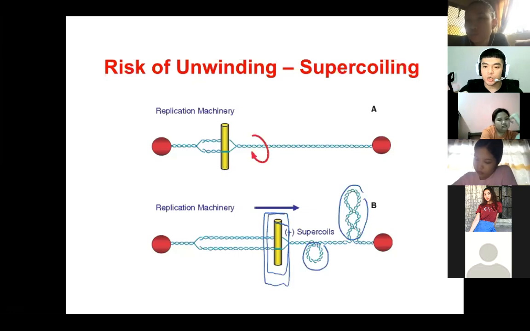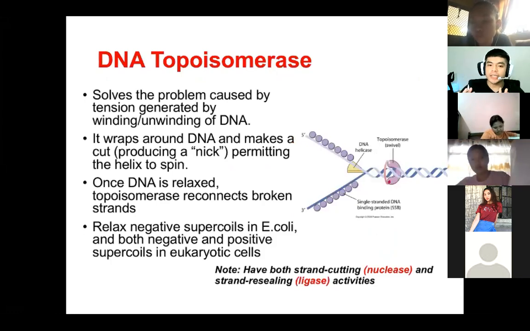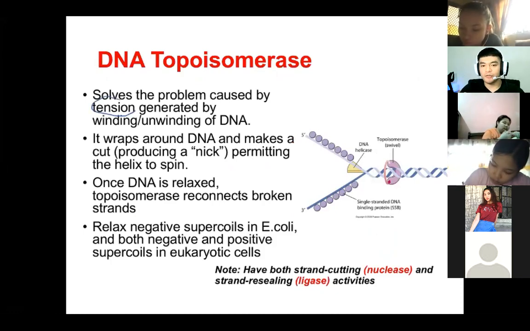Kaya this has to be relieved. And ang responsible for the removal of this supercoiling are the enzymes called topoisomerases. Topoisomerase enzymes solve the problem caused by tension generated by winding or unwinding of DNA.